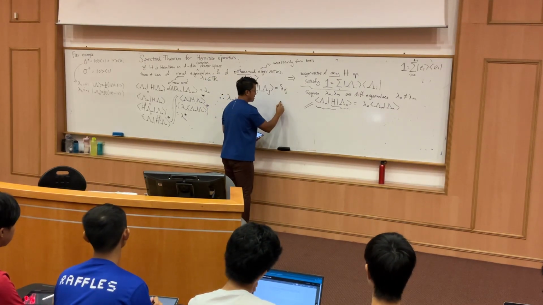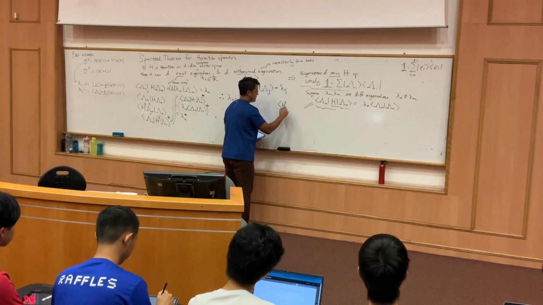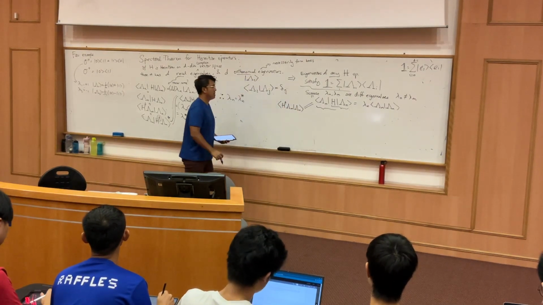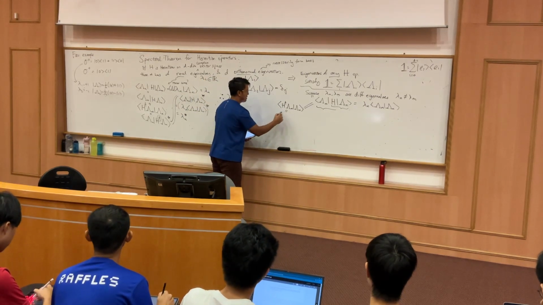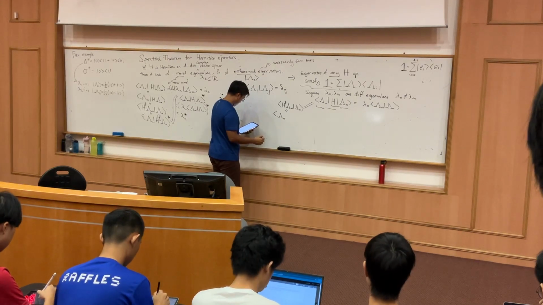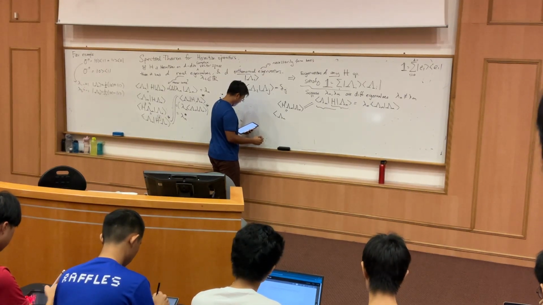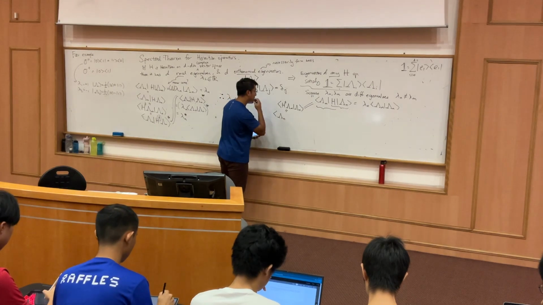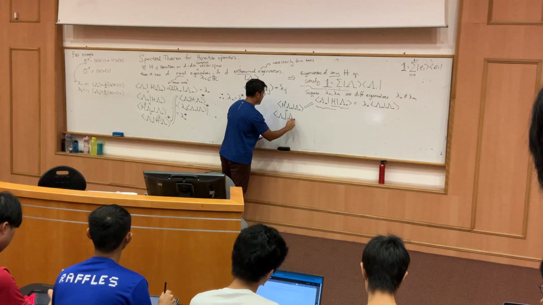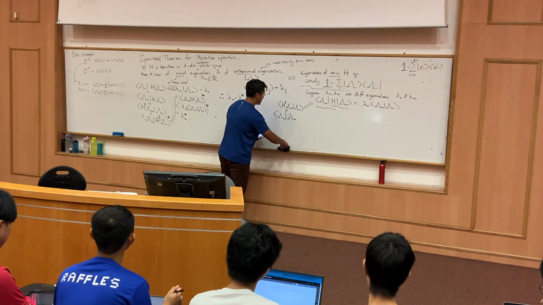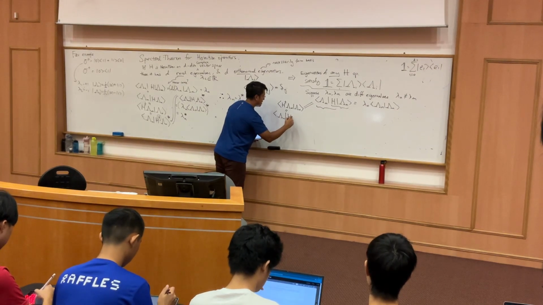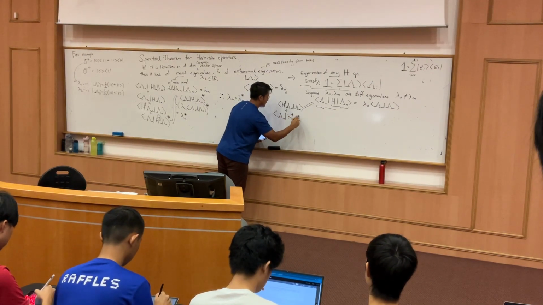So I can write it as <H dagger Lambda m|Lambda n>, but that equals <Lambda n|H dagger Lambda m> star.